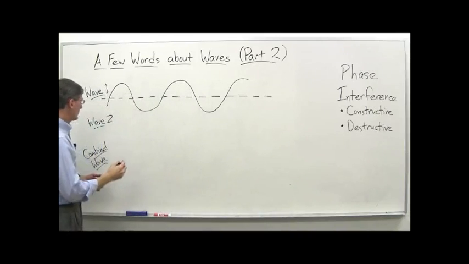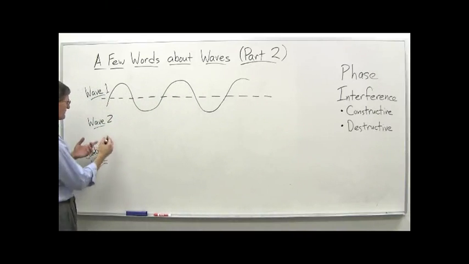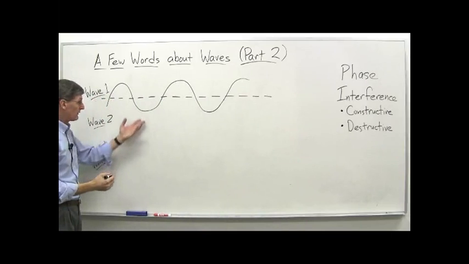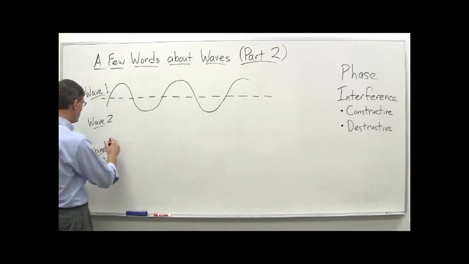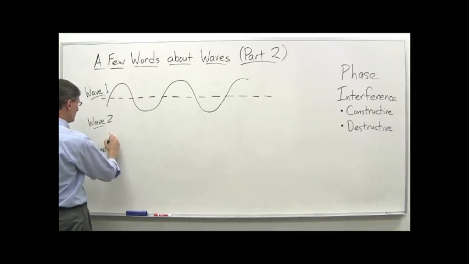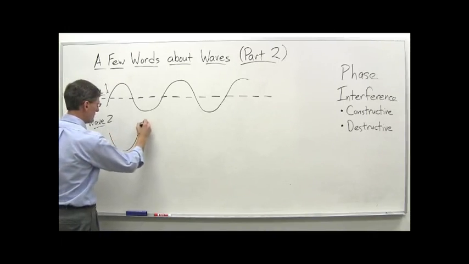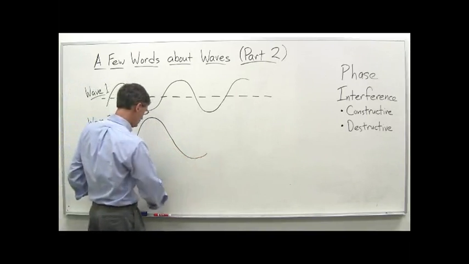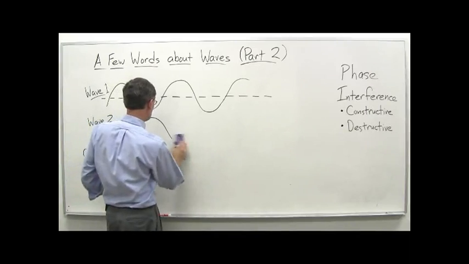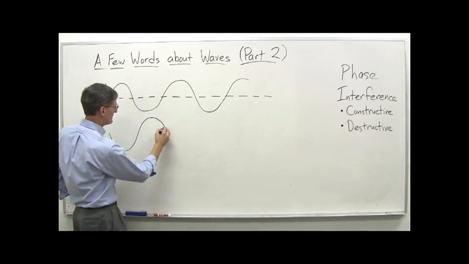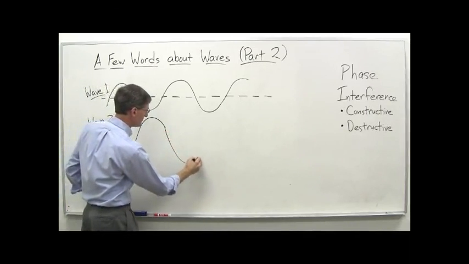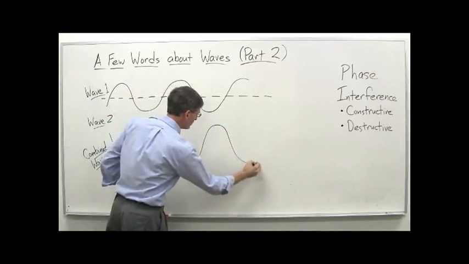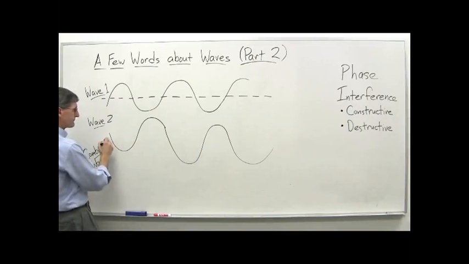So wave 2 then is going to look something like this. Where we have peaks, we're going to have troughs. Where we have troughs up here, we're going to have peaks. And so if I can channel my, I don't know if this would even be anything close to Picasso, but let's see, I'm already off here. Try this again here. Okay, something like that.